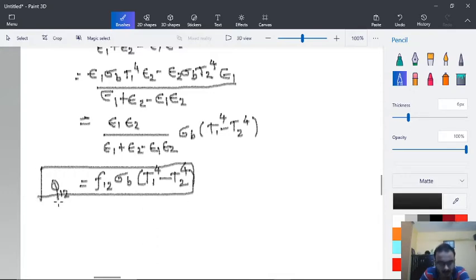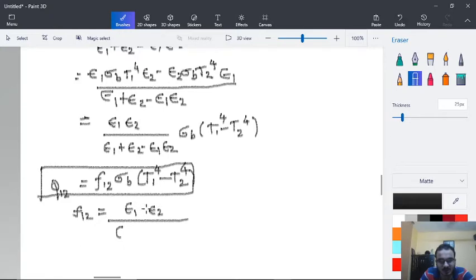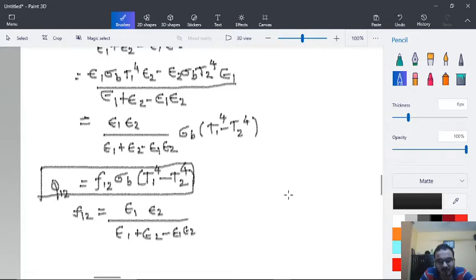Here F12 is equal to epsilon 1 plus epsilon 2 minus epsilon 1 epsilon 2.